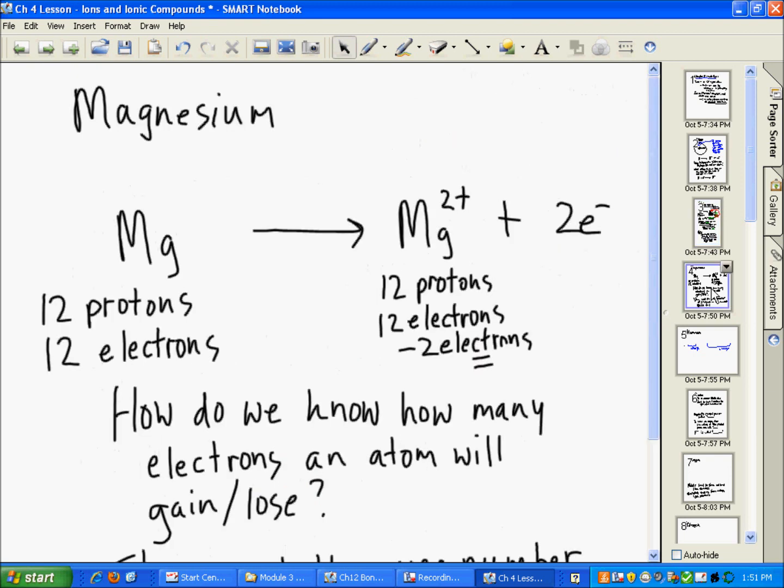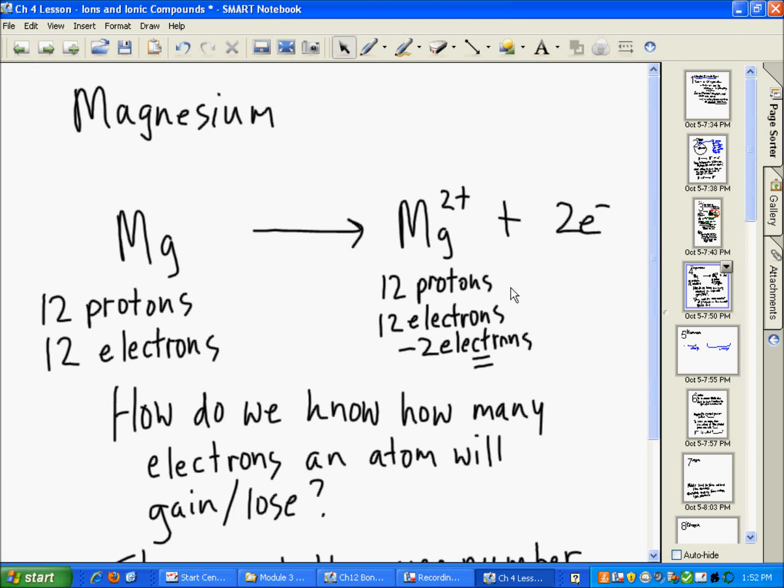So let's do another example. We've got magnesium, and a magnesium atom has 12 protons and 12 electrons. And magnesium, when it forms an ion, typically loses 2 electrons. So if it loses 2 negative charges, it's going to be left with 2 positive charges. So a magnesium ion typically has a 2 plus charge.